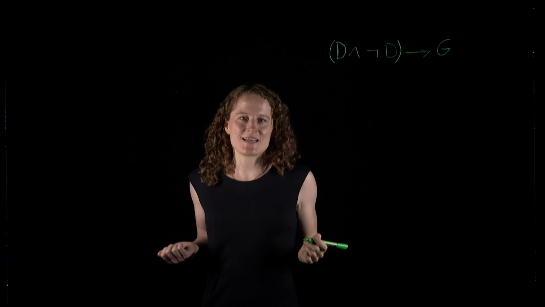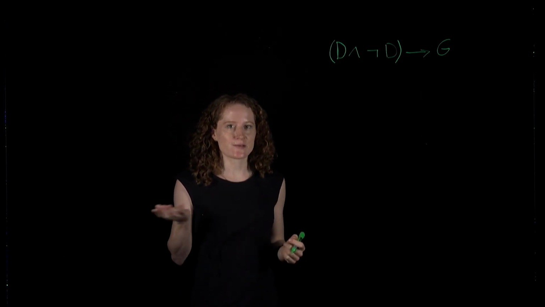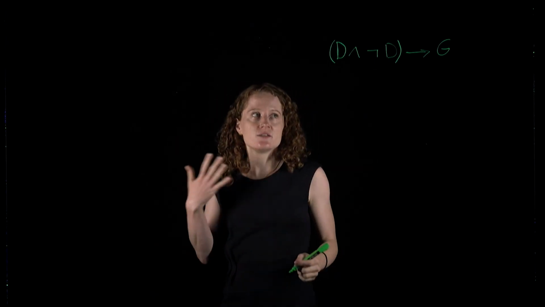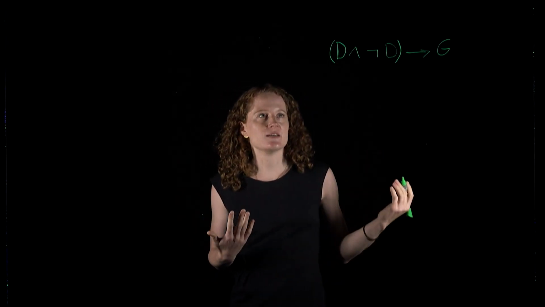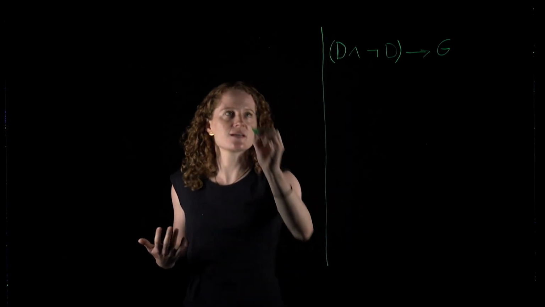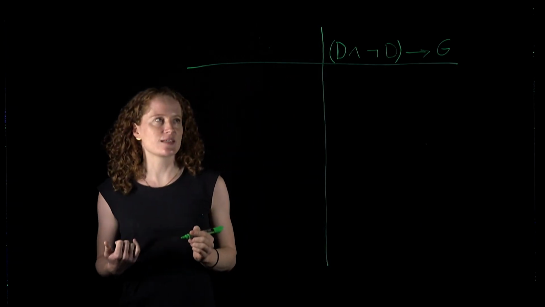This time we have a sentence with two atomic constituents. The sentence that we are going to analyze here is this one: if D and not D, then G. And I'm going to start to construct my truth table by dividing the reference column from the assessment column.